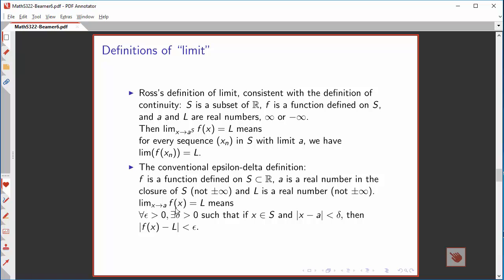Then, the limit as x approaches a of the function f has the value L means this. I challenge you with some positive epsilon.